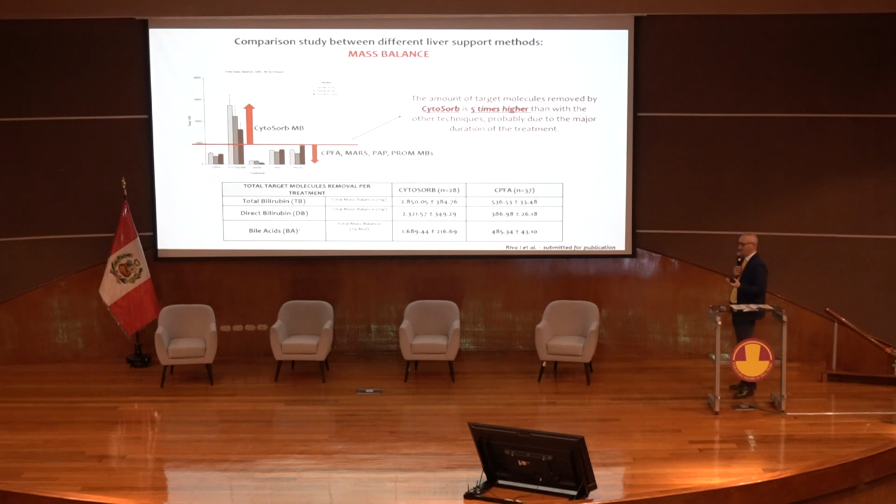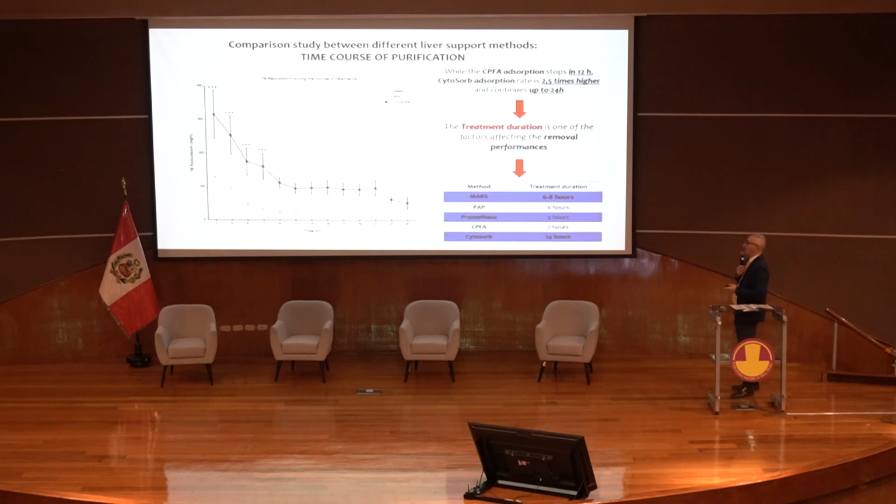So it's very effective as mass balance to extract from the patient and purify the patient, of course. We observe the extraction goes on up to 24 hours. There is a maximum use of one cartridge compared to the other machines.